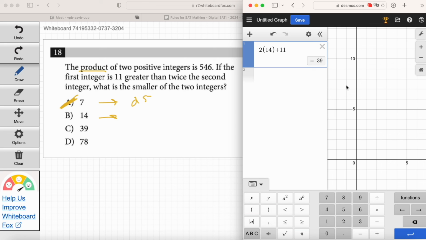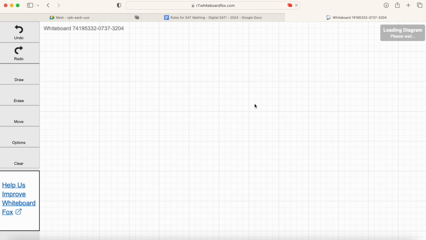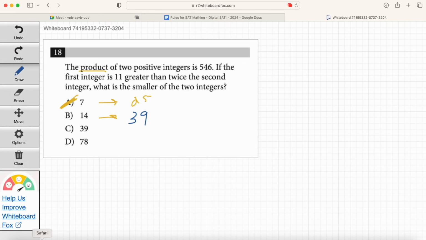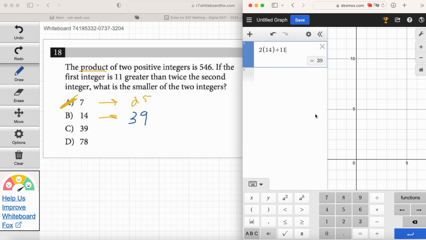Do you see how we can test it? Yes. So we're just going to multiply 39 times 14. What does that give us? 546. We got our answer.